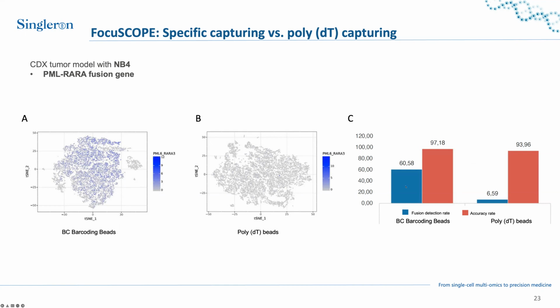So here you can see that using normal poly-dT beads, we capture maybe 1/10 of what we can capture using the specific barcoding beads for blood cancer.